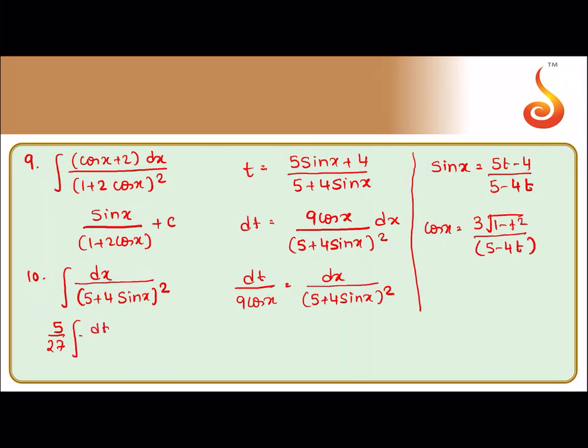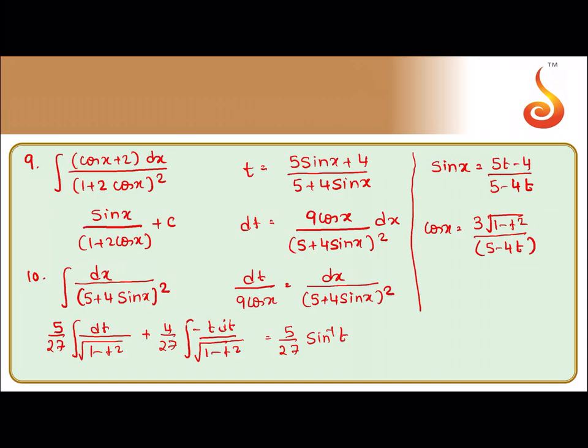If we substitute this one, we get 5 by 27 integral dt by under root of 1 minus t square plus 4 by 27 integral minus t dt by under root of 1 minus t square.